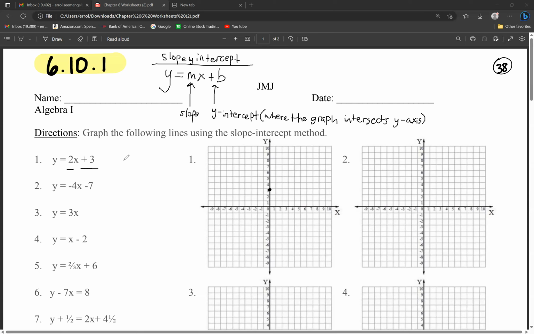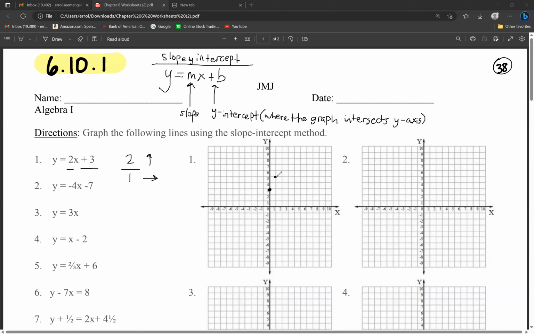We move up. Two is the same as 2/1, right? So we go up 2 and to the right 1. So we can draw that line right there.